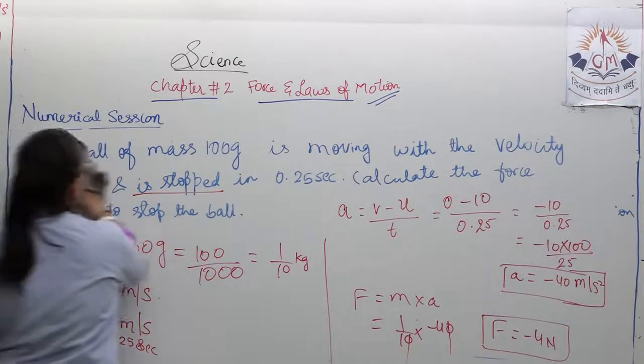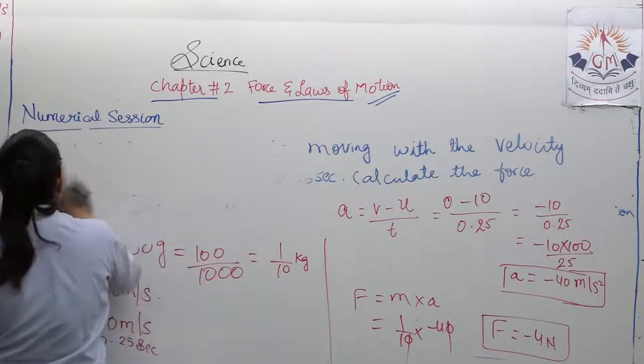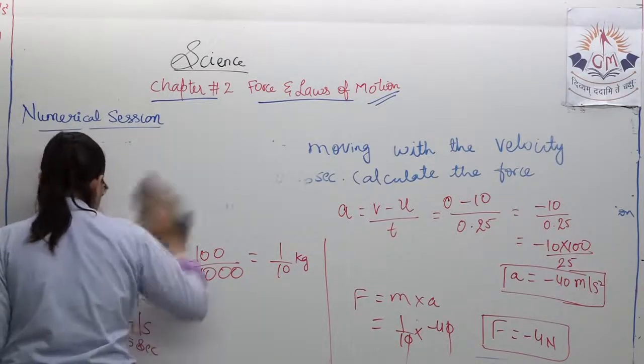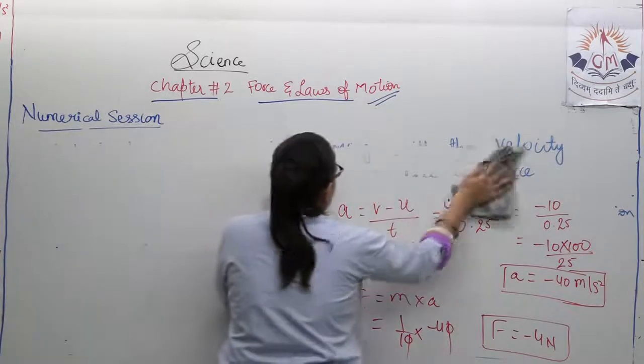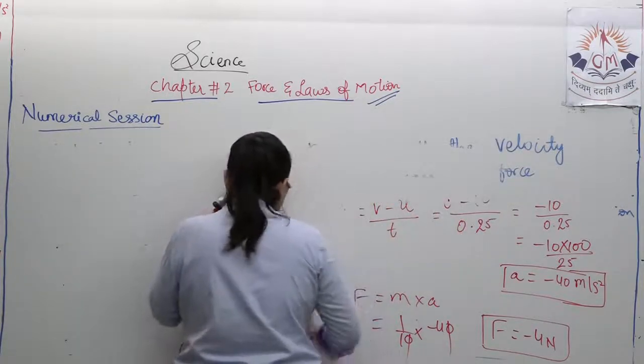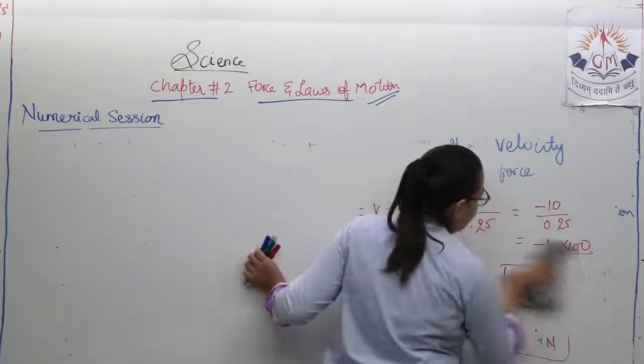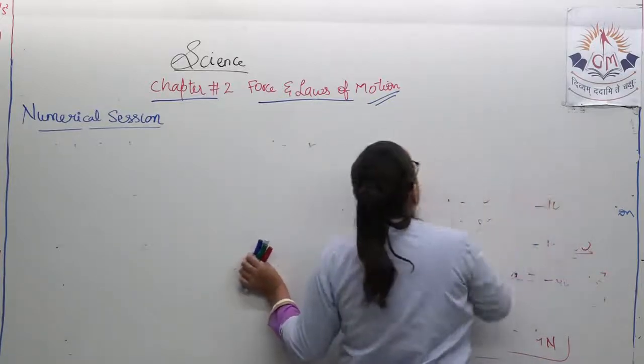The third numerical is totally formula based. Things are given and you just have to put the values and multiply and you get the answer.